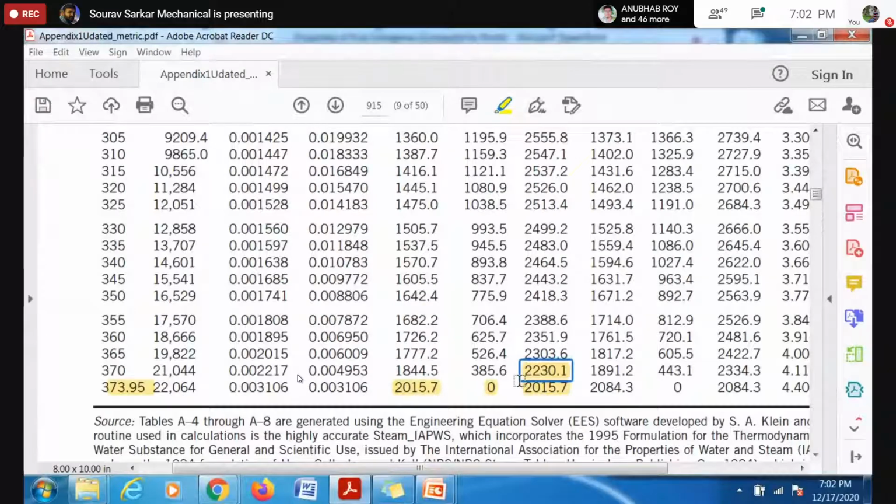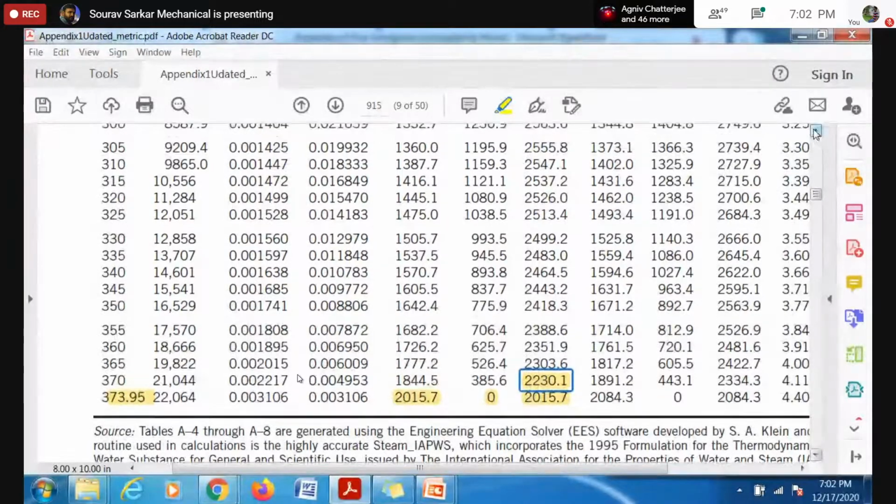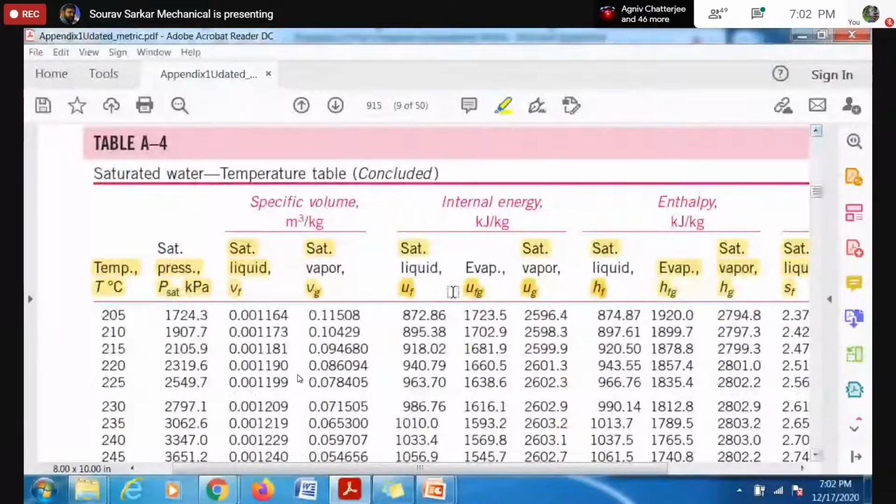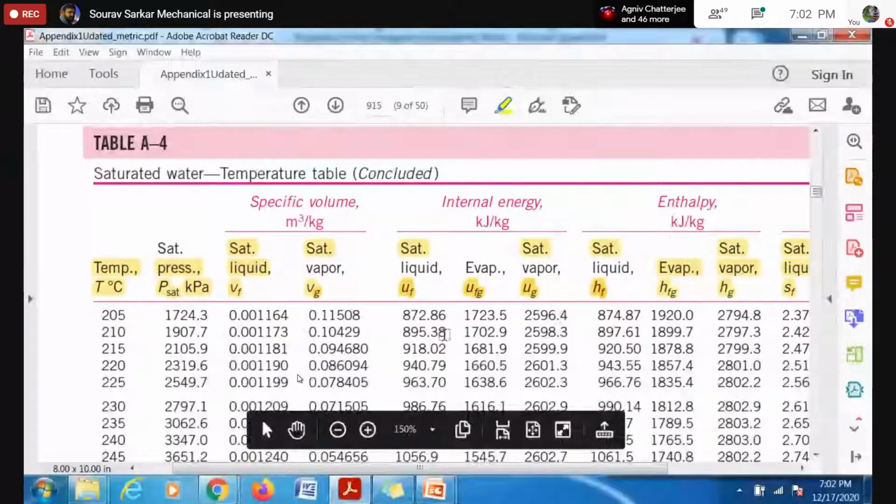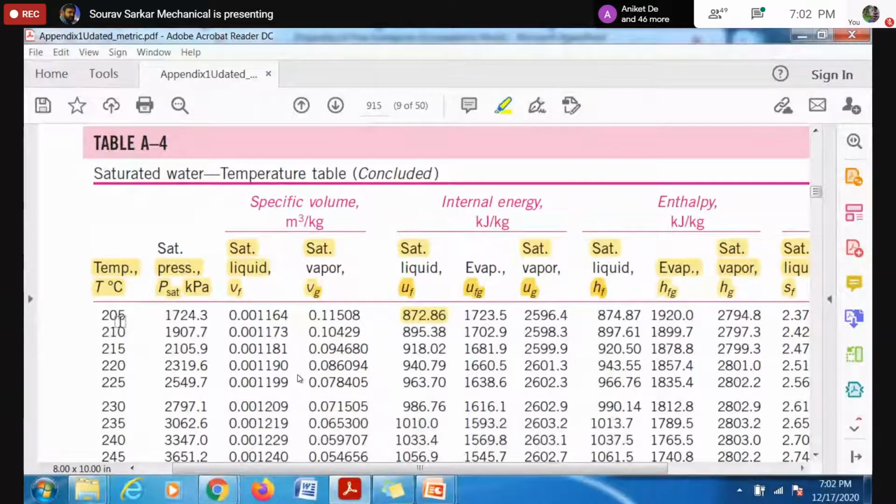I'm trying to say that if I give you one example, suppose you are at this temperature, 205 degrees Celsius. This is the gap, this much amount of energy you need to supply to convert into vapor.